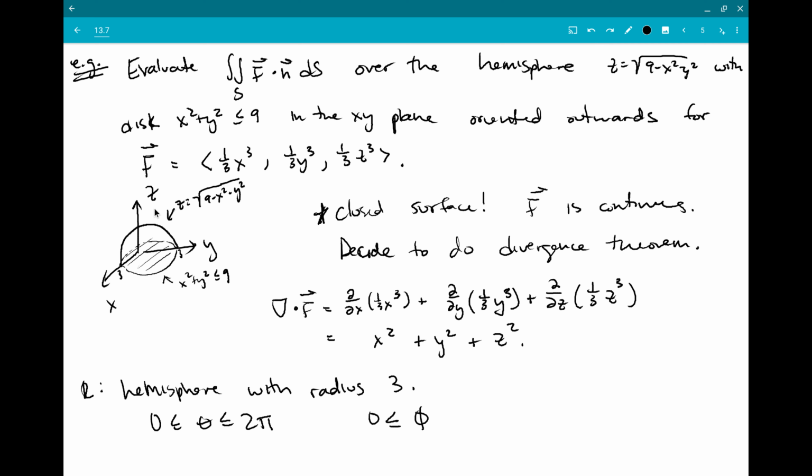So I know that my phi goes from 0 up to pi over 2. And then since I've got radius 3 everywhere on my hemisphere, I know that my rho should go up to 3.